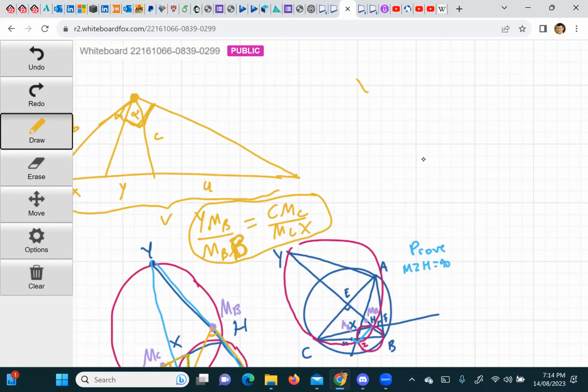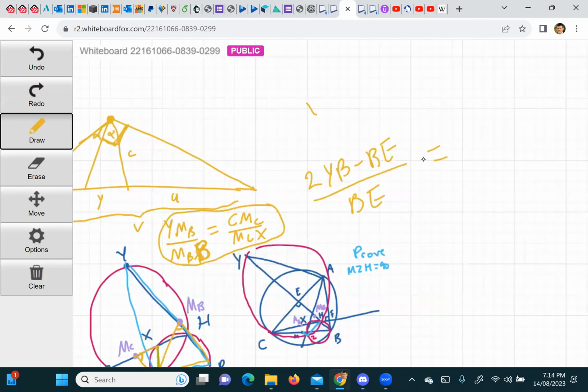And YMB times by 2 is, so it's YB minus MB times by 2. Okay, so it's 2YB minus BE on BE, and we want to show that's equal to, and then we times both sides by 2 as well. So CMC times by 2 is just CF.